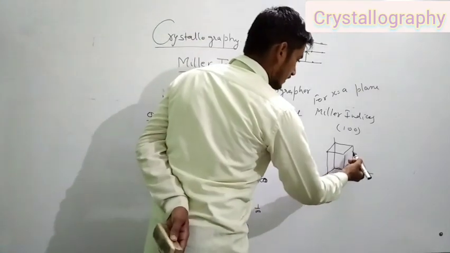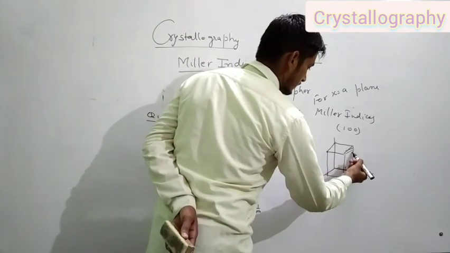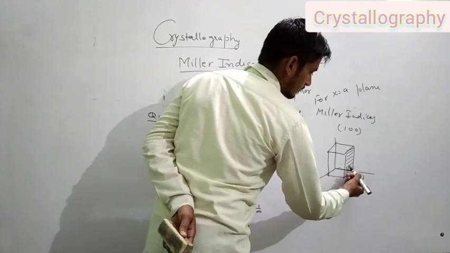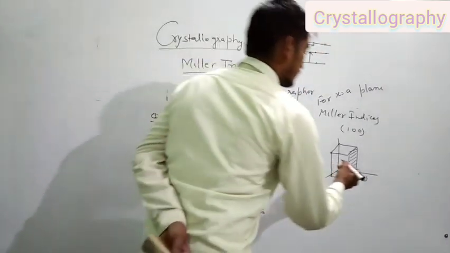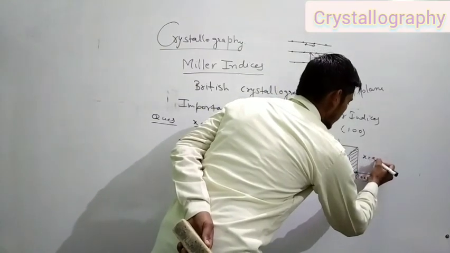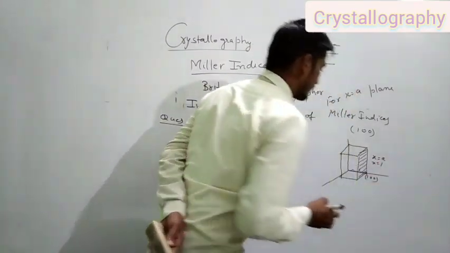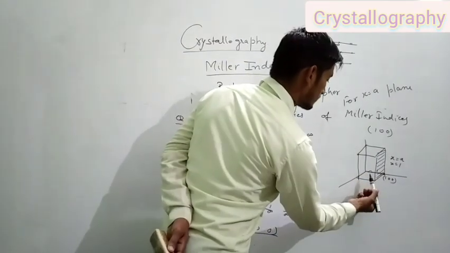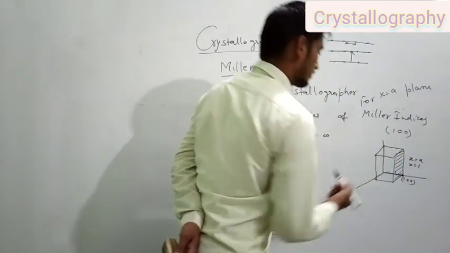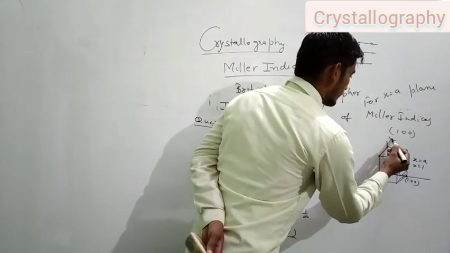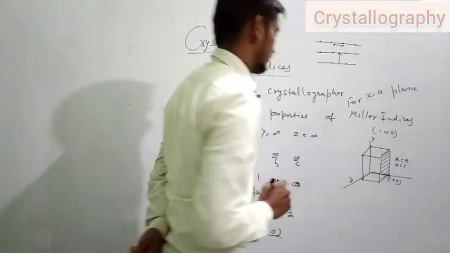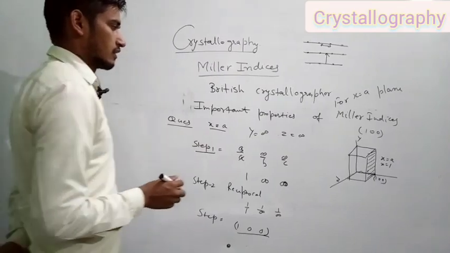Okay, and this plane is the x is equal to a plane, x is equal to one plane, and this plane is parallel to the y-axis and z-axis respectively, and cuts no intercept on the y-axis or the z-axis respectively.